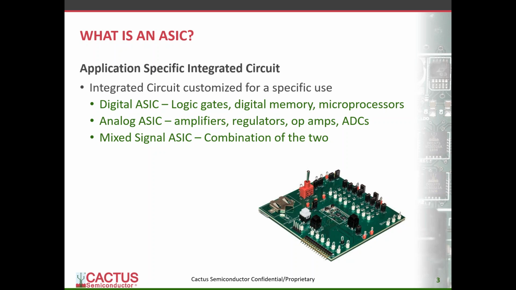As far as what these categories of ASICs are, a digital ASIC primarily consists of logic gates, memory, microprocessors, microcontrollers, etc. Purely digital in nature.